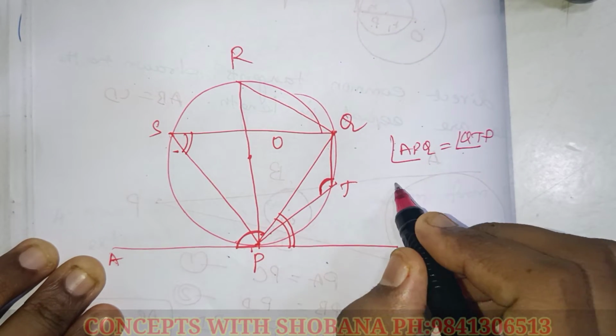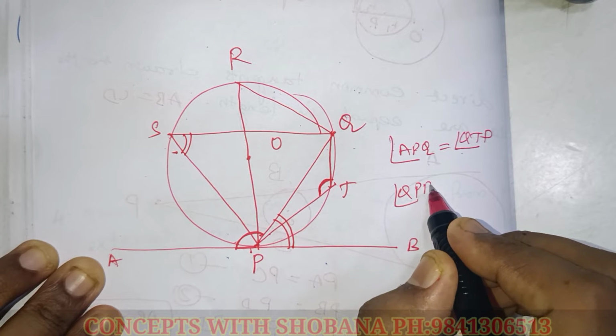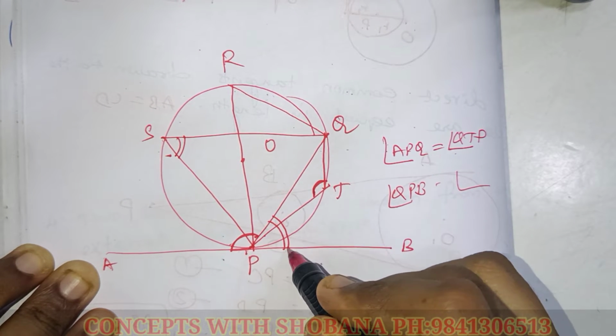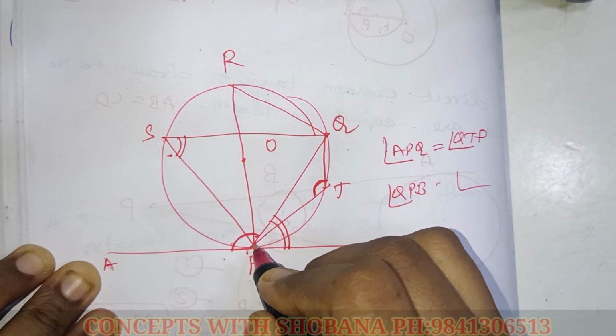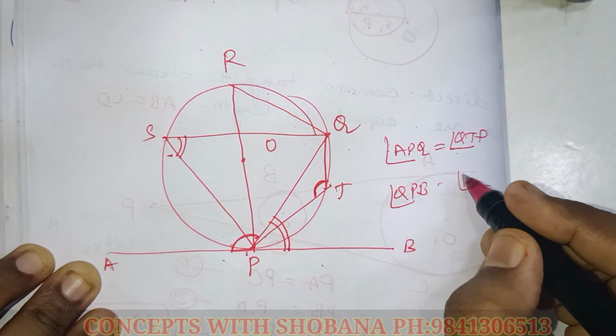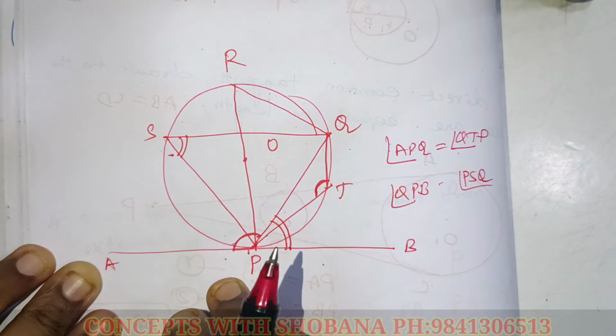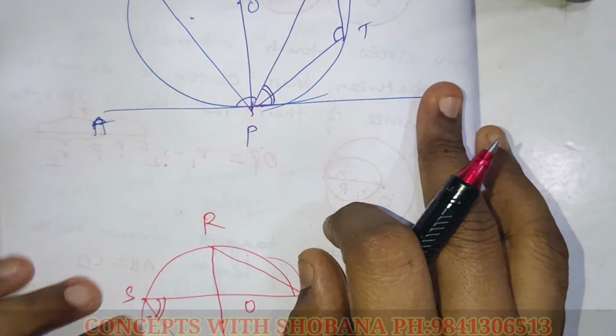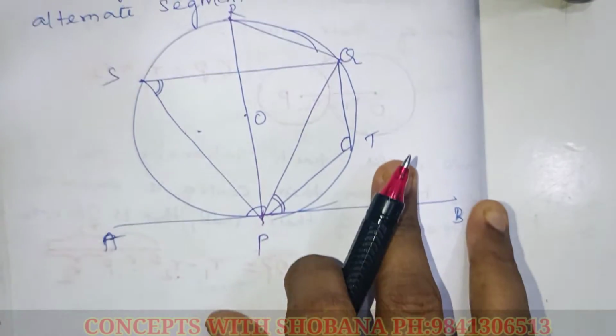What is this angle called? Angle QPB will be equal to angle PSQ. This is what the alternate segment theorem states. What does the alternate segment theorem state?